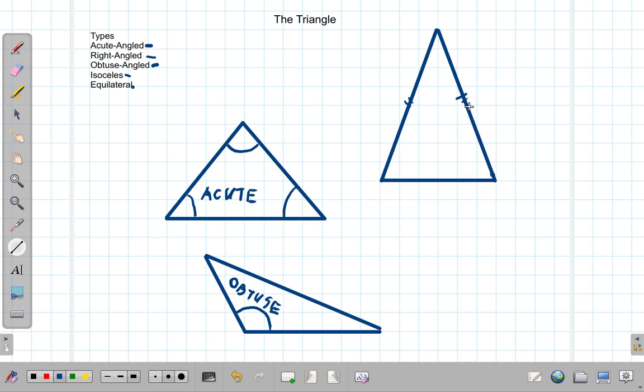So these two sides are equal in length, and of course you will have two angles equal. So in that case, you have your isosceles triangle.